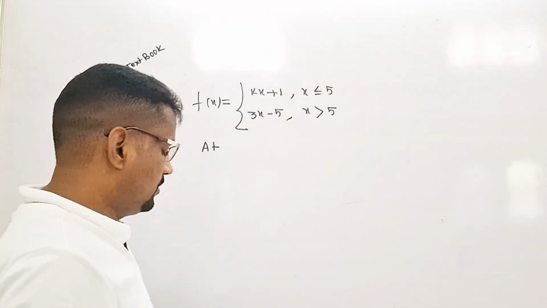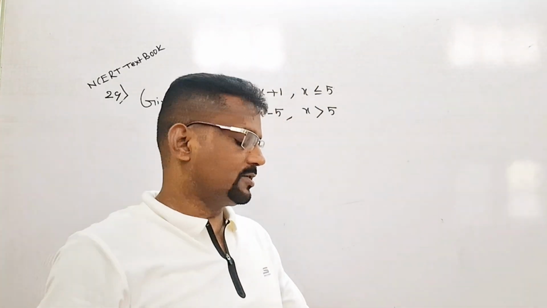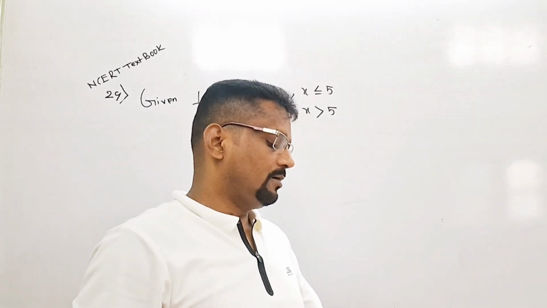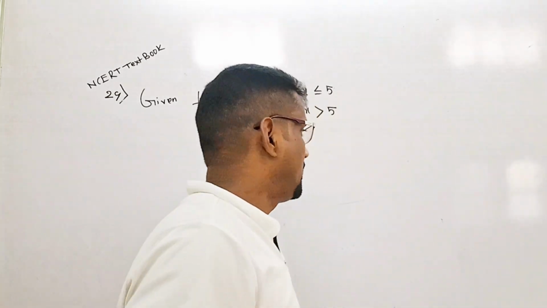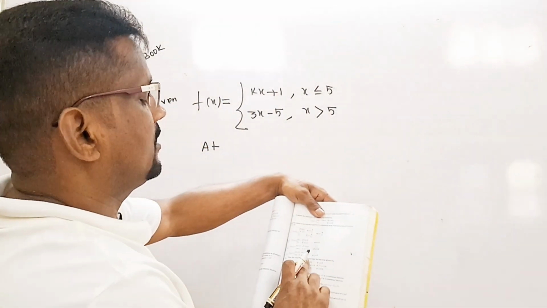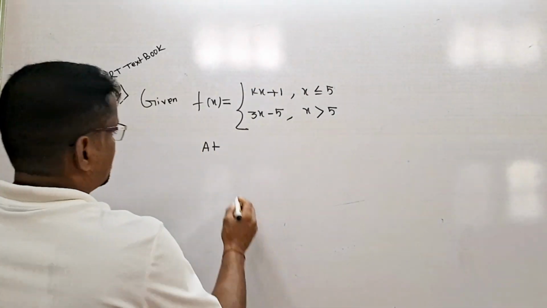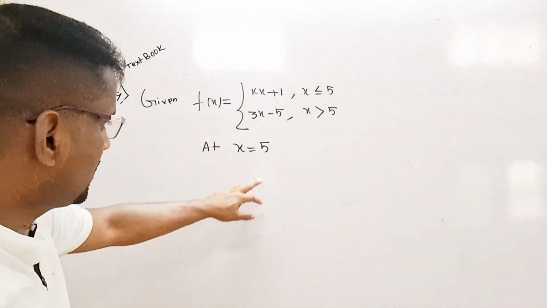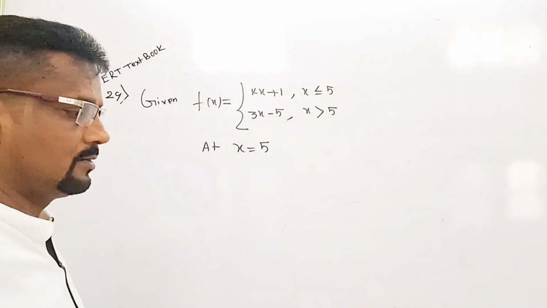Questions 26 to 29 are similar. In each question you have to find the value of the unknown k whenever the function is continuous at the indicated point. And in this case they are saying that at the point x equal to 5 the function is continuous. So at x equal to 5 you consider. At this point f is continuous, then what's the value of k?